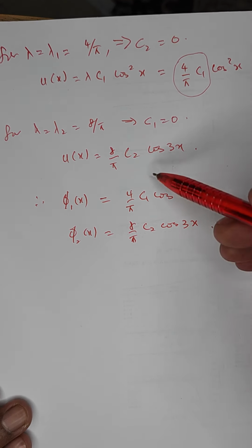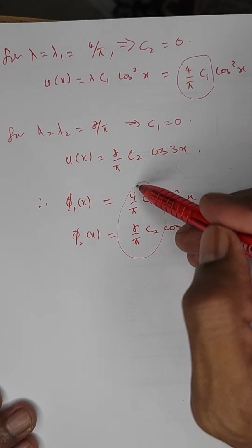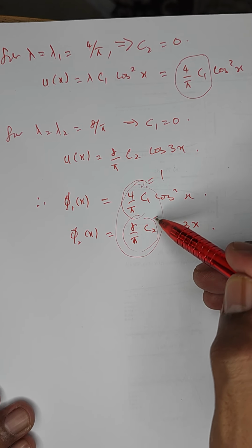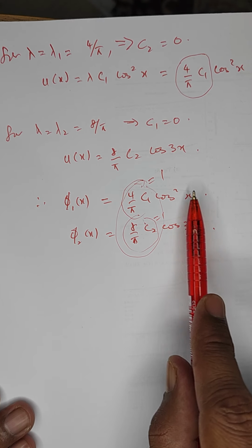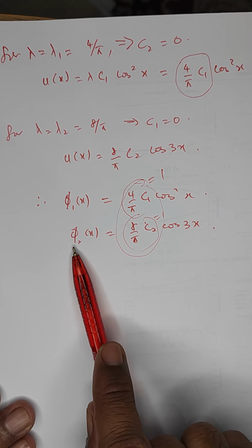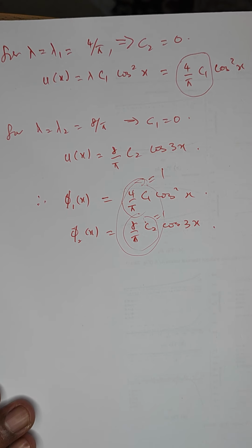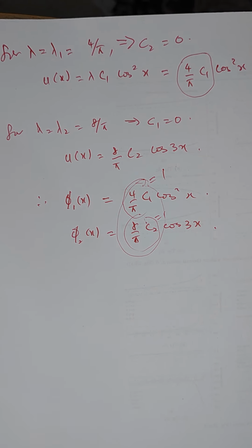Again, as I mentioned to you, this is a constant. You can choose this equal to 1, and you can choose this equal to 1, so that your eigenfunctions are just phi 1 equal to cos squared x and phi 2 equal to cos 3x.